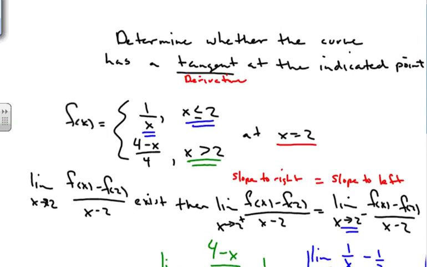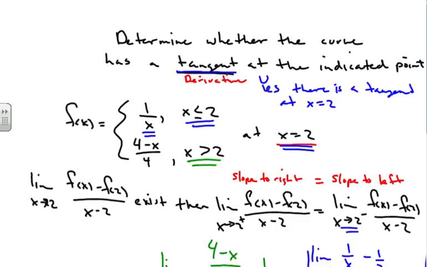So the answer, once again, in this one is yes. Yes, it does have a tangent line at x equaling 2, and that tangent is f prime of 2 equals negative 1/4.